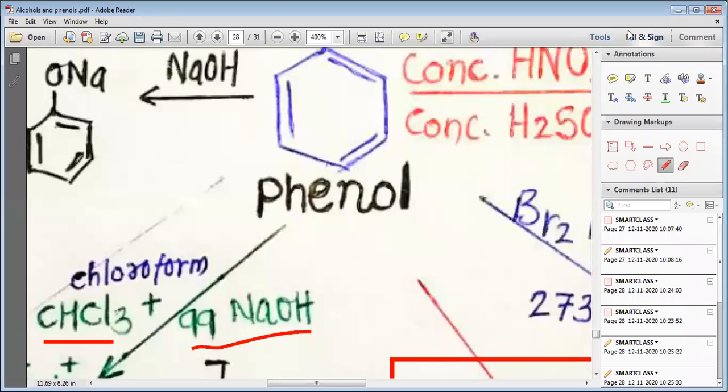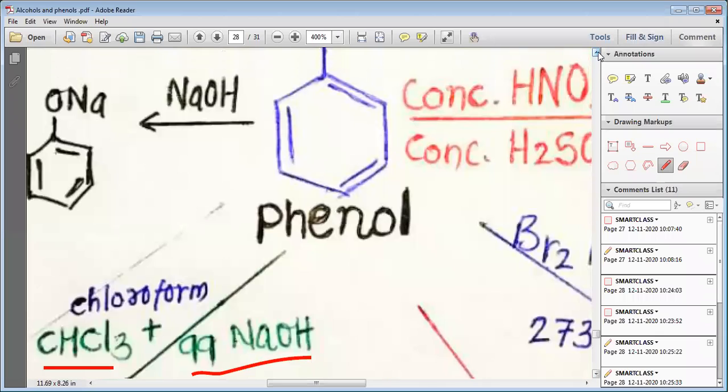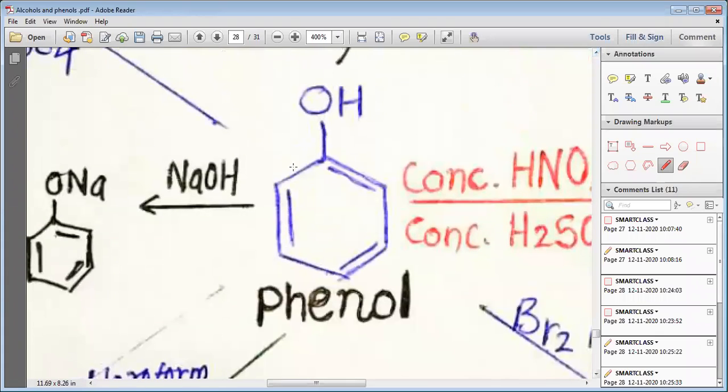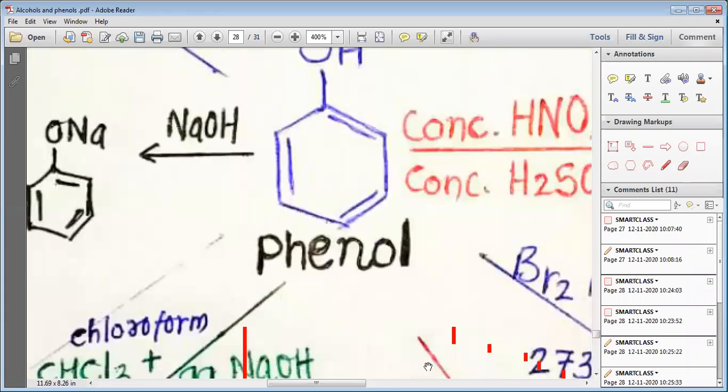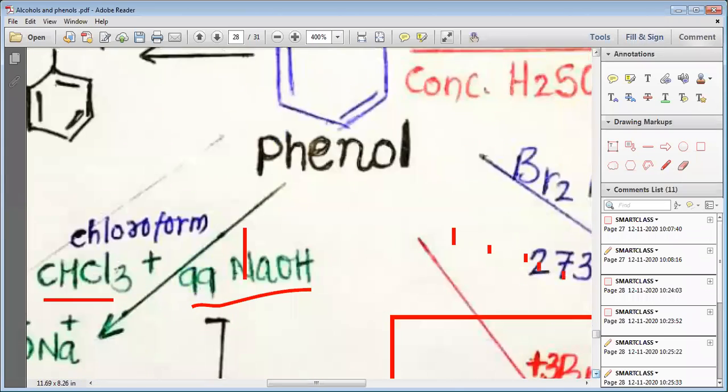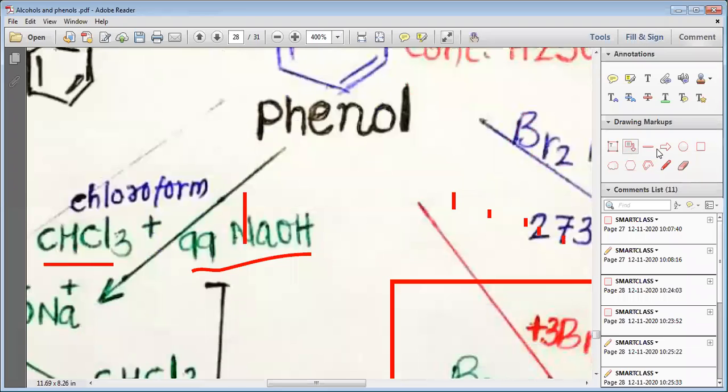You can see here that in this particular step, we first take phenol. This phenol is then treated with chloroform and aqueous NaOH.